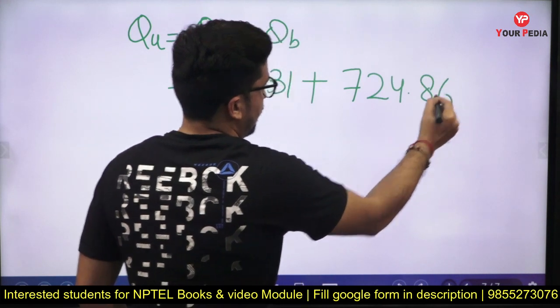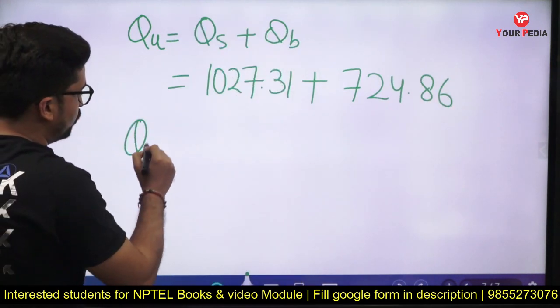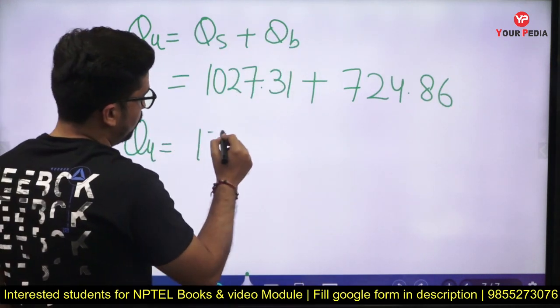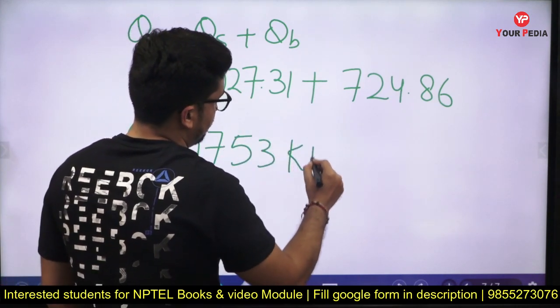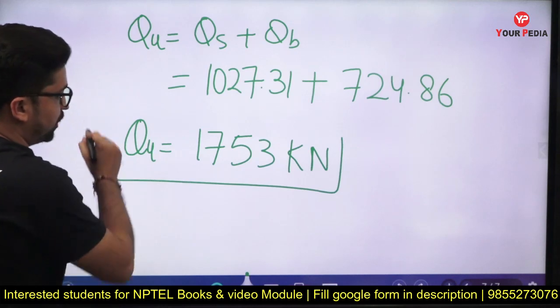Therefore our QU value will come out to be equal to 1753 kilonewton, and this will be our final answer to the question.